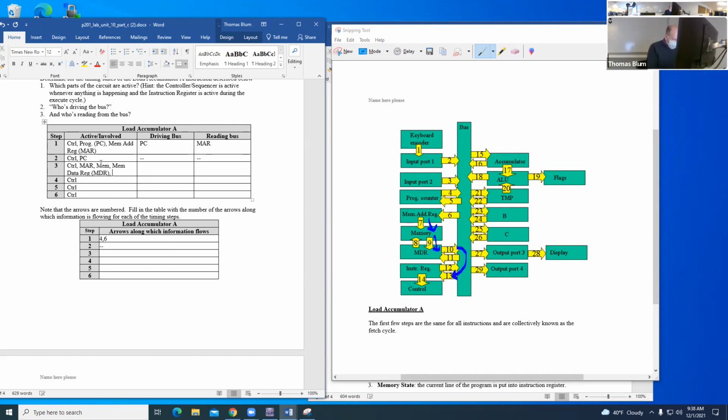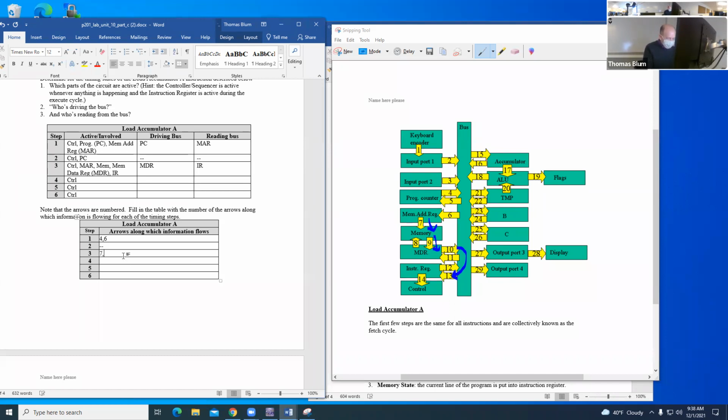And then it moves into the instruction register. Who put something on the bus? MDR. Who takes something off the bus? The instruction register. What are the arrows?